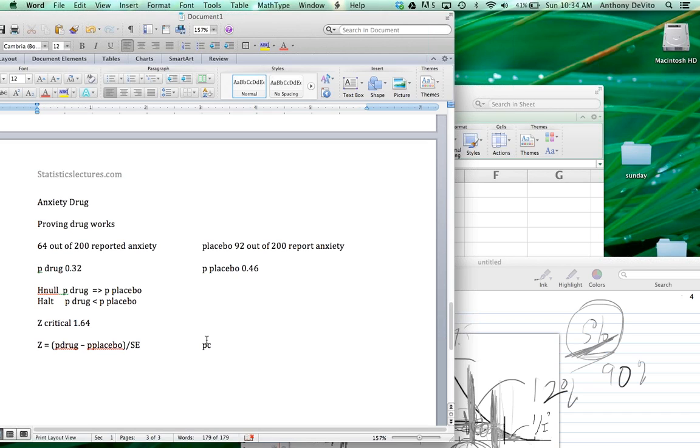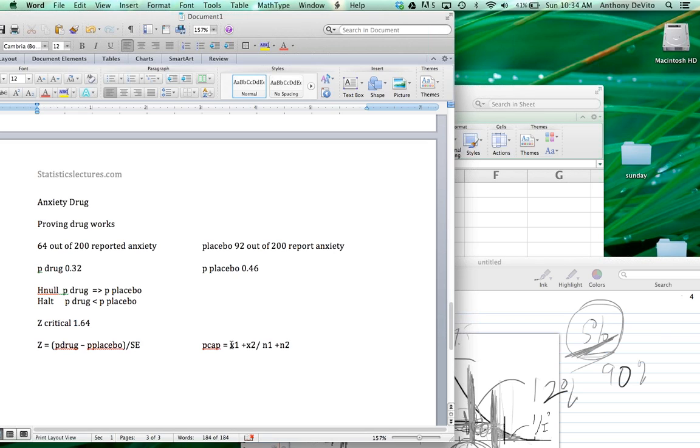So we're going to come up with a new value, p cap, I'm going to call it, and we're going to say that that's equal to the number of people in group 1 plus the number of people in group 2 over sample size of 1 and sample size of 2.